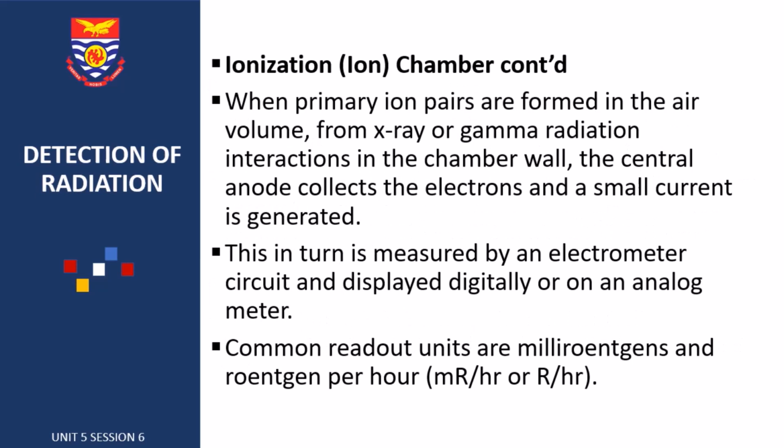Let's continue with the ionization chamber, and this is how it's able to generate current. The ionization chamber has an air volume. So when primary ion pairs are formed as a result of the interaction of gamma radiations or X-rays within the chamber walls, the central anode will collect these electrons and a small current is generated.